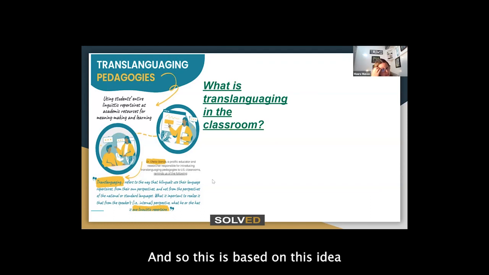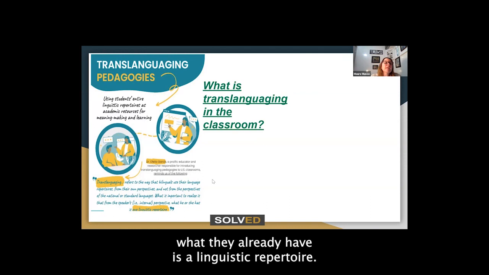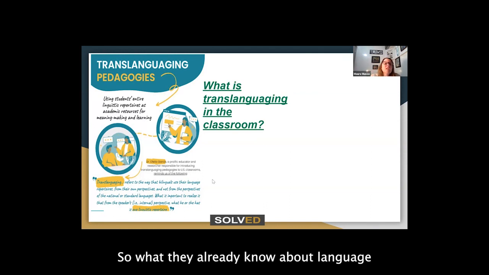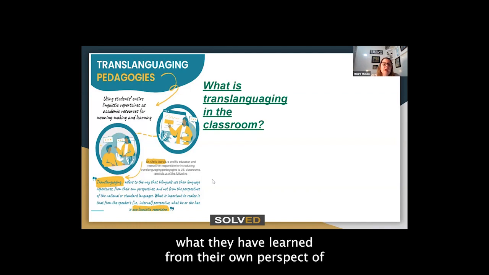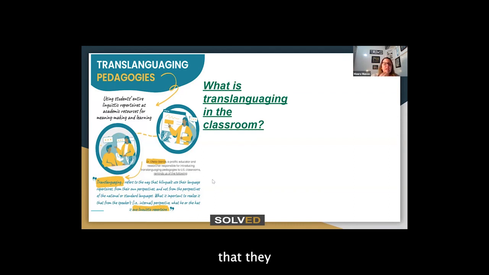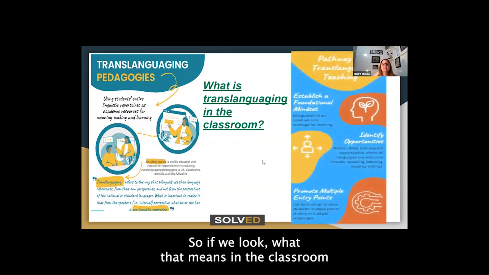This is based on the idea of using what they already have as a linguistic repertoire: what they already know about language in their native language, and what they have learned from their own perspective about any content area, about any social norms. They can take that from their native language and transfer it into the classroom.